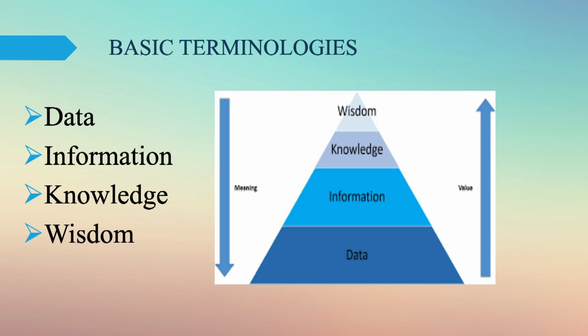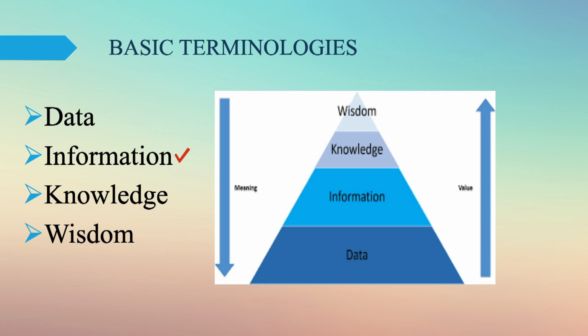Some terminologies used in data mining. You can imagine a pyramidal structure of these 4 different terminologies. The base of the pyramidal structure is called data. The upper layer of the base is information.